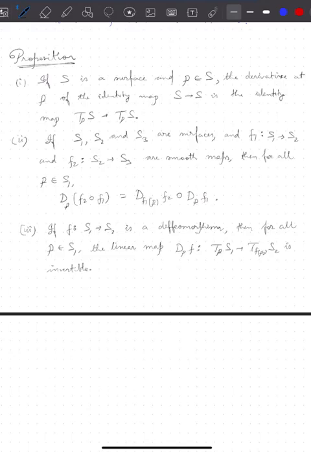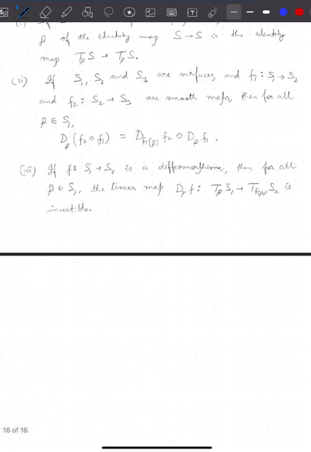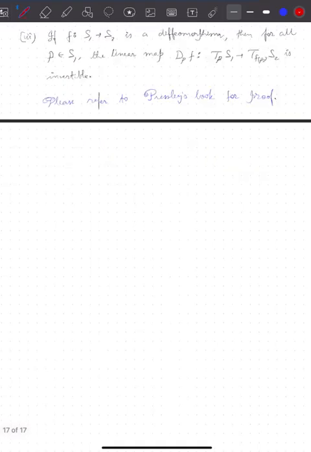Right. So this was the definition. For the proof, please refer to Pressley's book. Okay. So now we begin with normals and orientability.